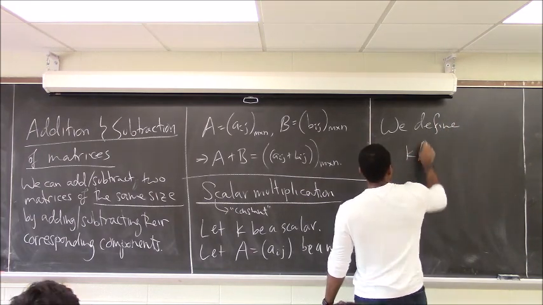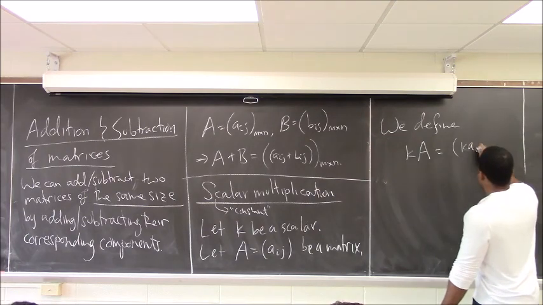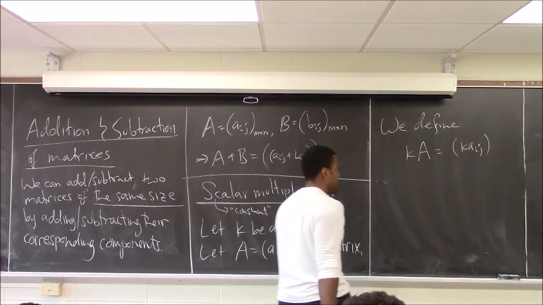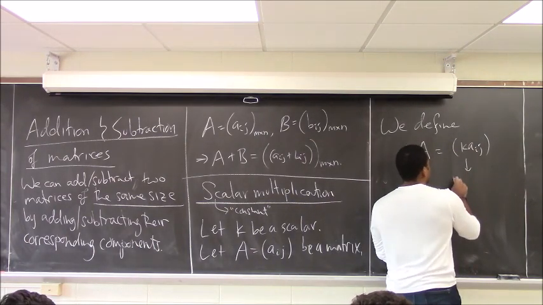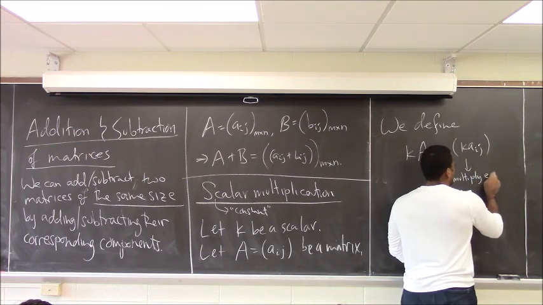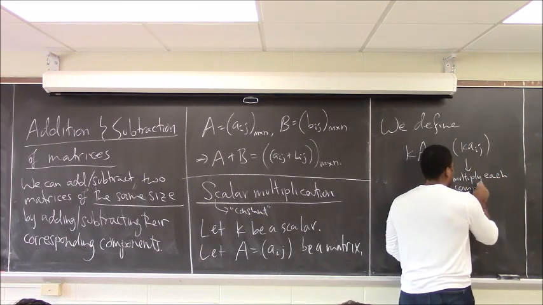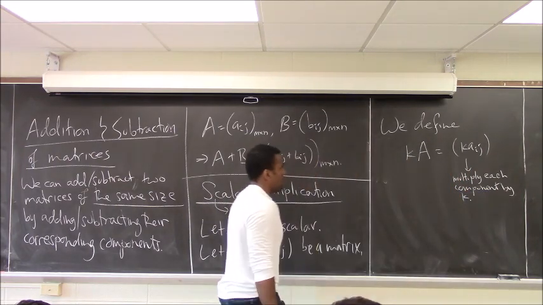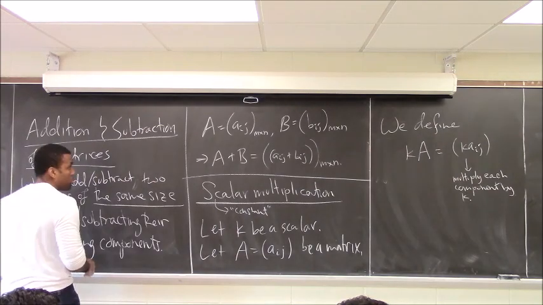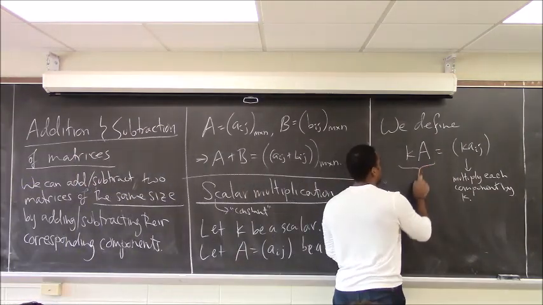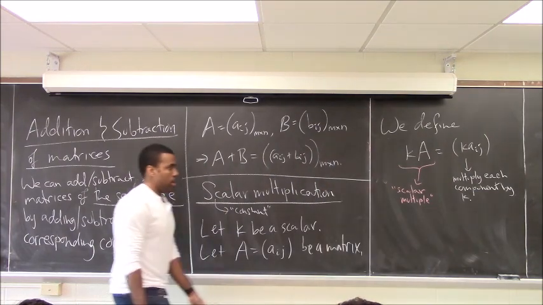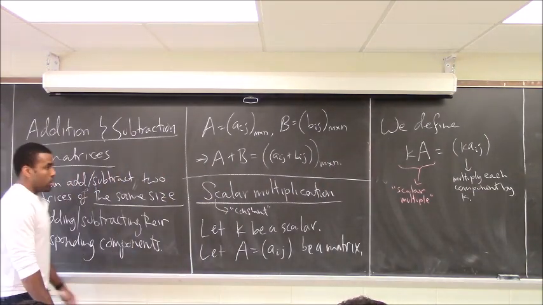Define kA to be the matrix, this guy. It's just the matrix A where each component in A is multiplied by k. And this is called a scalar multiple. So I'm multiplying a scalar by a matrix. Okay, those are all the definitions.